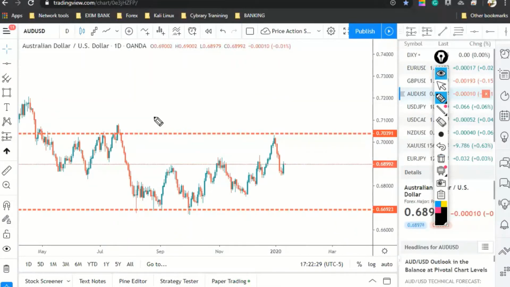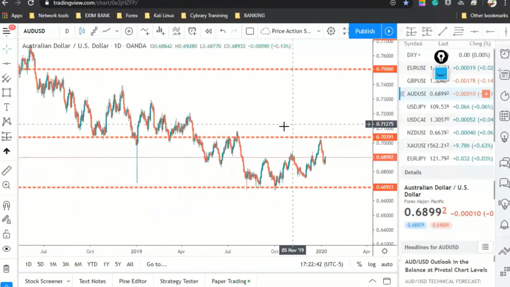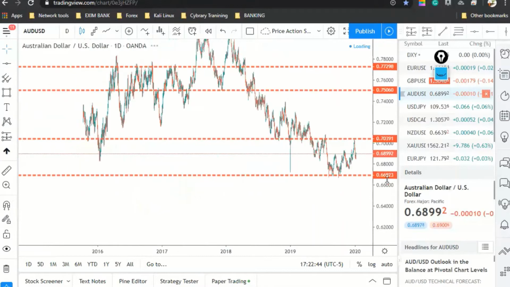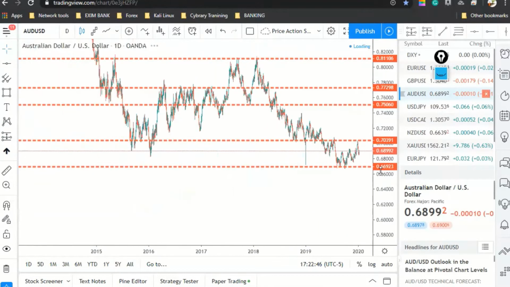But if you broaden the chart, you see it looks a bit different. This is why you zoom out to a year or two worth of data. From this point of view, it's basically ranging.